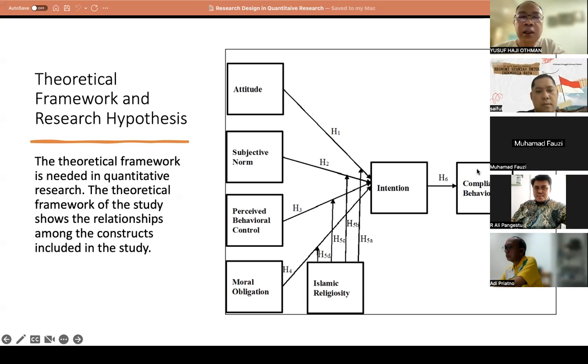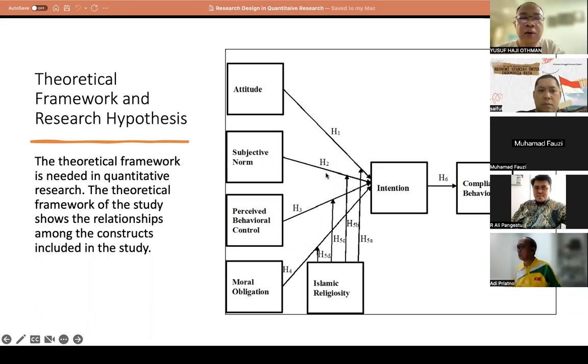Here it's written H1, H2, H3, H4, H5A, H5B, H5C, H5D, and H6. That means this research has 6 hypotheses.